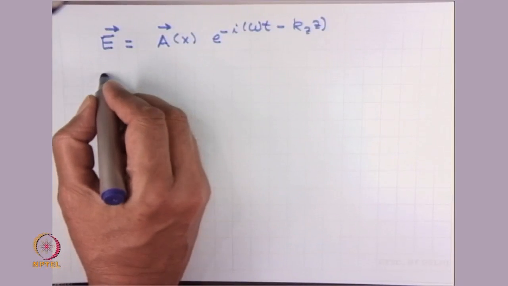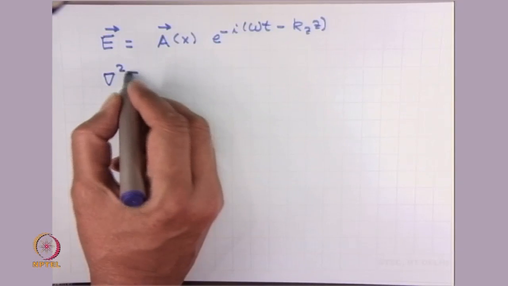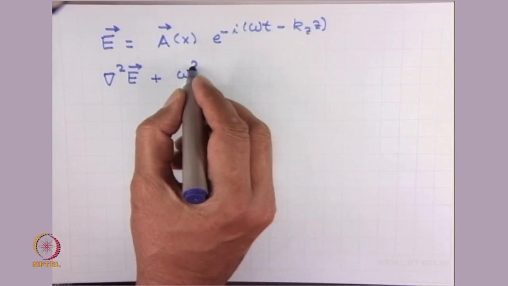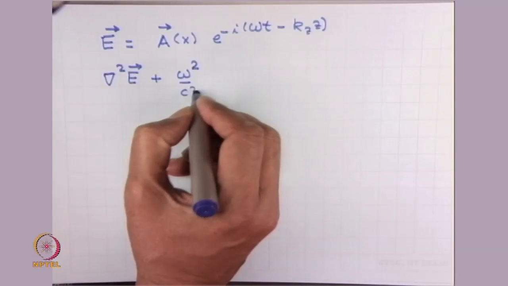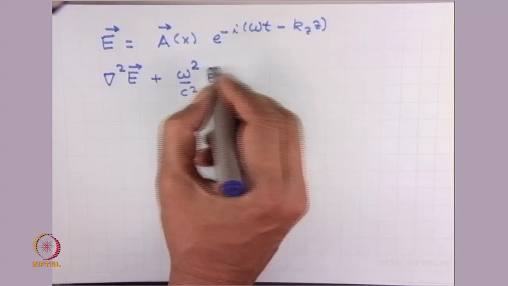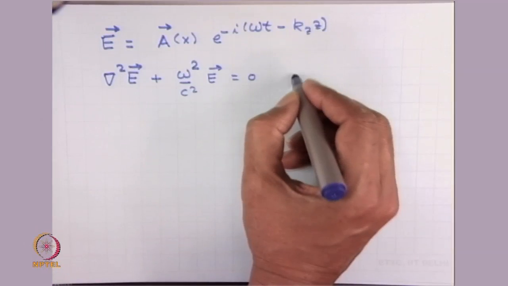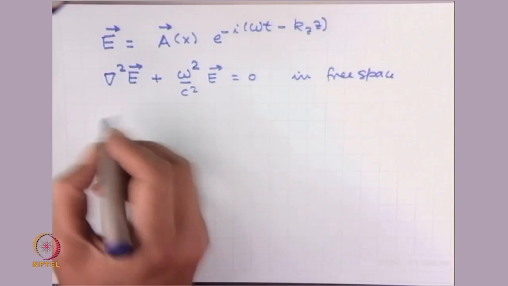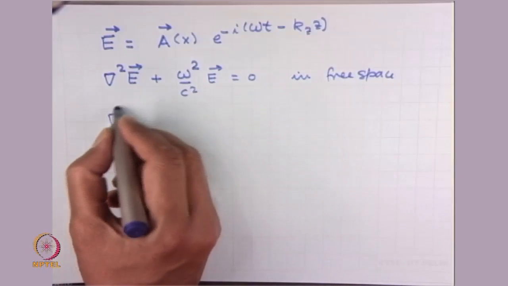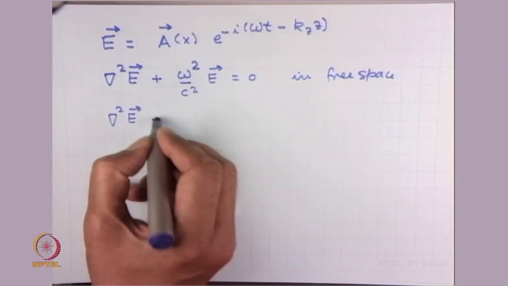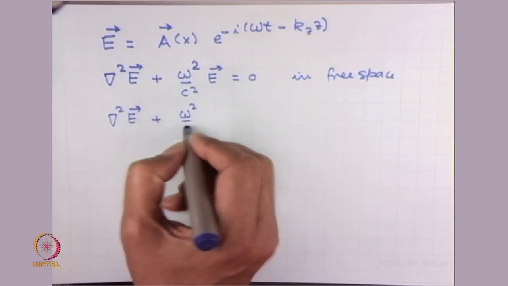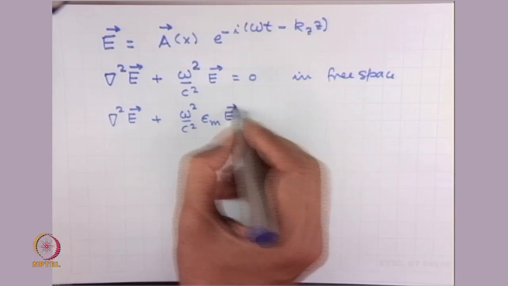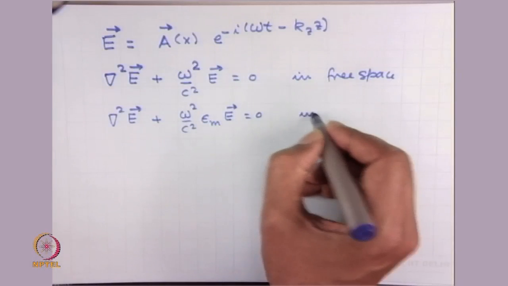The wave equation for the electromagnetic wave is del square E plus omega square by c square E equal to 0 in free space, and inside a conductor medium it is del square E plus omega square by c square epsilon m into E is equal to 0 in the conductor.